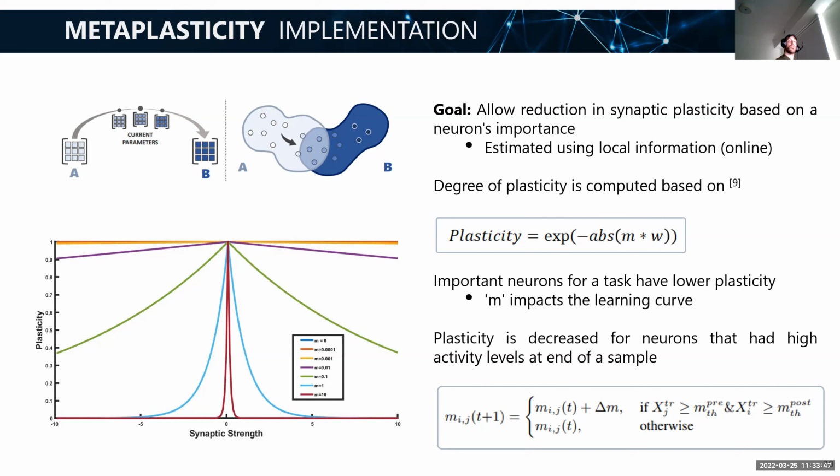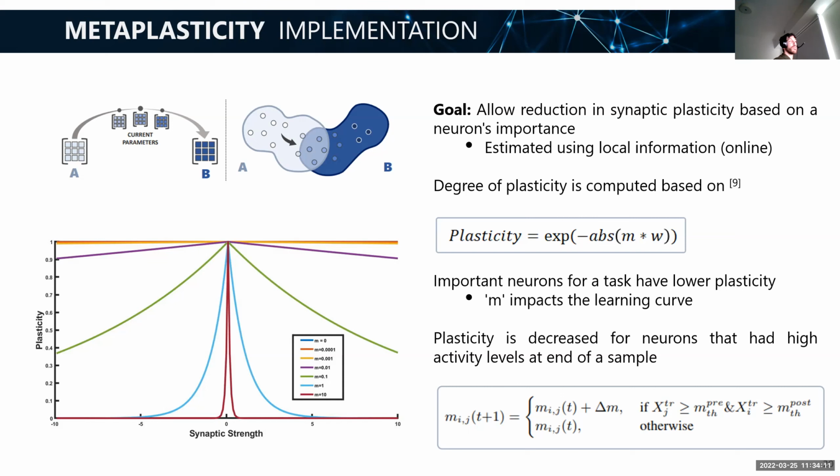Whereas our goal is to estimate importance online, to not store this information over time, and to not know when task changes have occurred. So somehow we need to estimate that importance, and we need to reflect that importance in a neuron's metaplastic state.